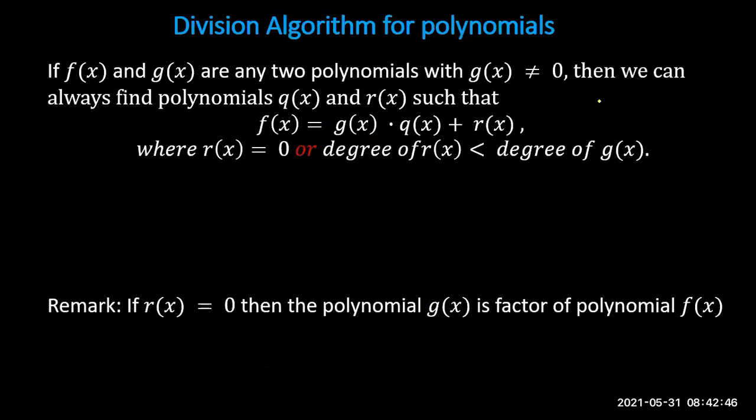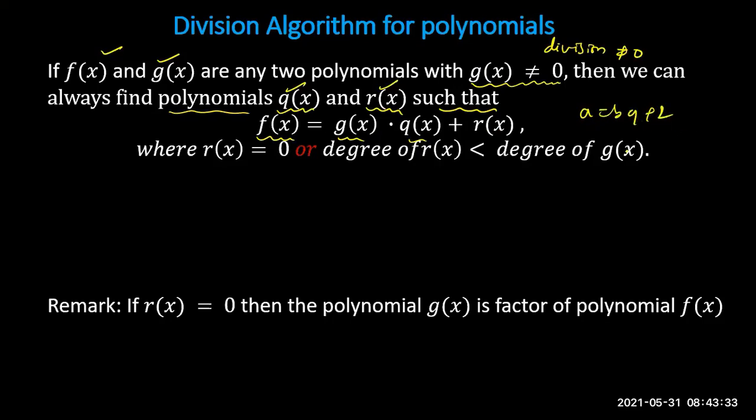If f of x and g of x are two polynomials with g of x not equal to 0, the divisor should not be 0, then we can always find polynomials q of x and r of x such that when you divide f of x by g of x, f of x is equal to g of x into q of x plus r of x.